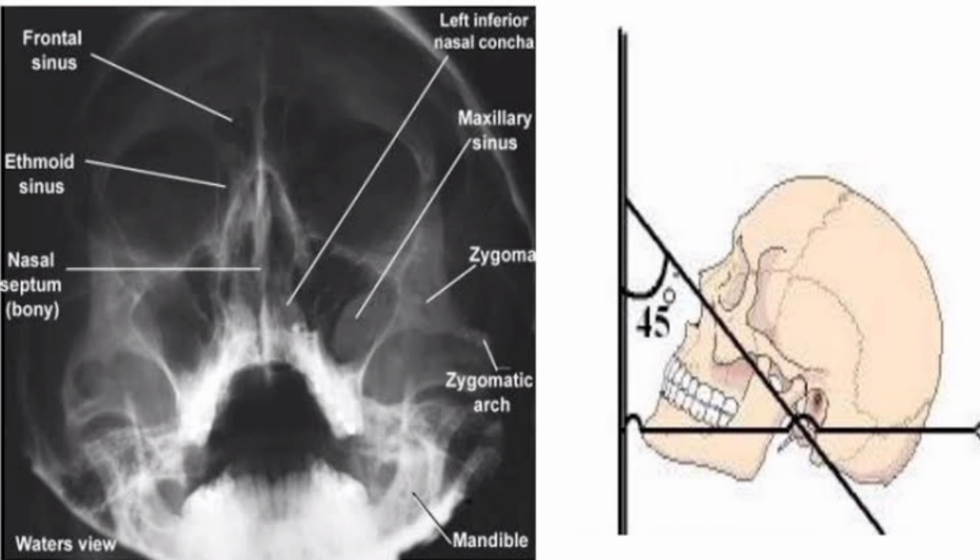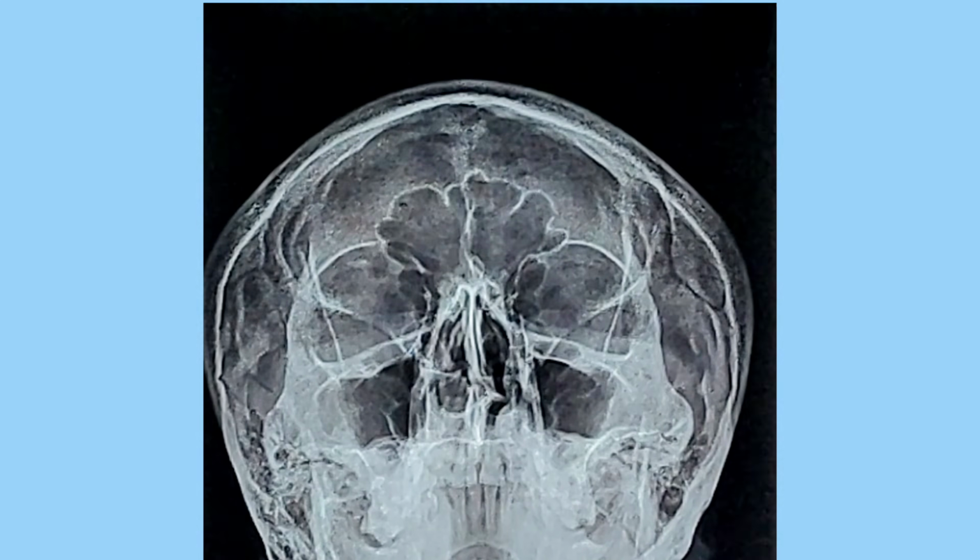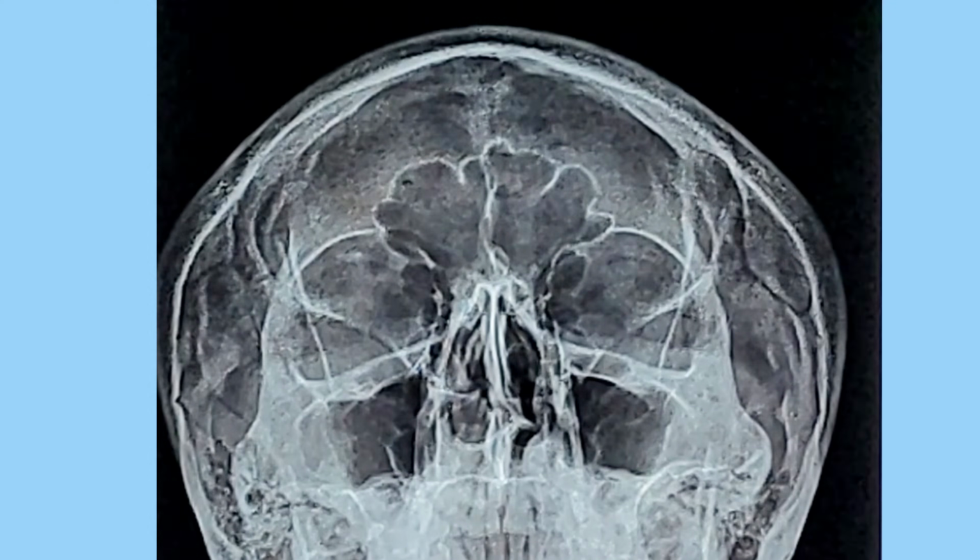This view particularly is taken to see the different paranasal air sinuses. The term paranasal means all these sinuses or air sinuses are connected or communicated with the nasal cavity, and they are situated around the nose.